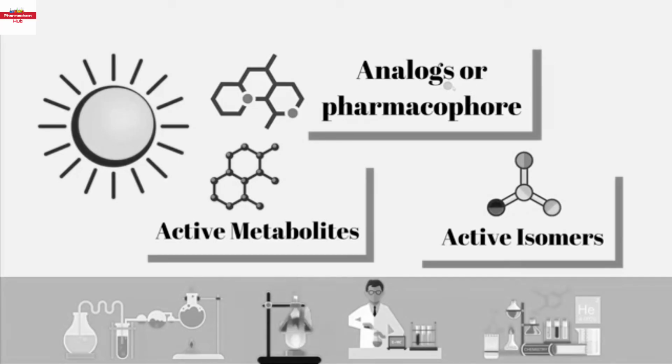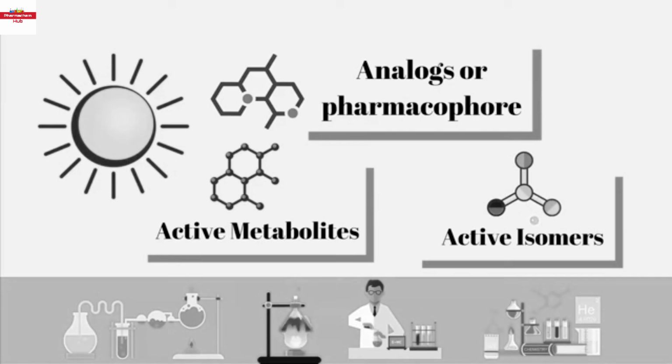The first one is by focusing on the analogs, or also the active pharmacophore, for each class of drug. The second one is that there are some drugs that are active metabolites of other drugs, so identify those active metabolites that work like a drug.